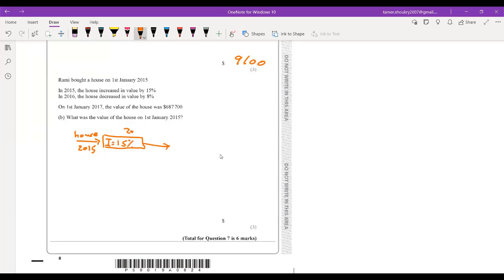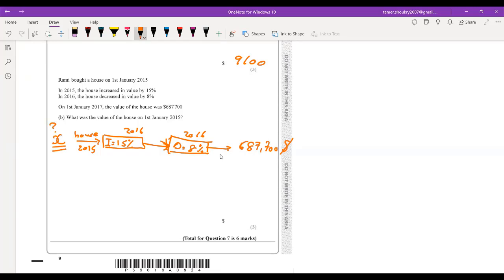In 2016, there was a depreciation in the price by 8%, depreciation equal 8%, which means that the price has decreased in 2016. Then what is the price? And the price was 687,700. So what is the original price of the house? I will name it X.